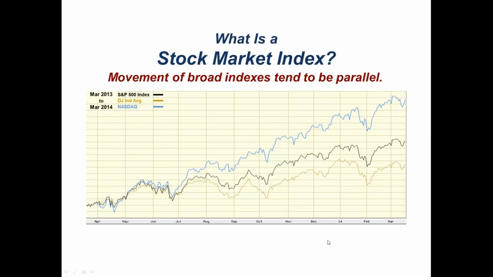Now, the point of this, to me, is understanding this parallel movement. First, we have to understand why that happens. Well, there's a couple reasons it happens. One of the major reasons is because some of the same companies are on every index. For example, virtually every stock that's represented on the Dow Jones Industrial Average is also on the S&P 500.